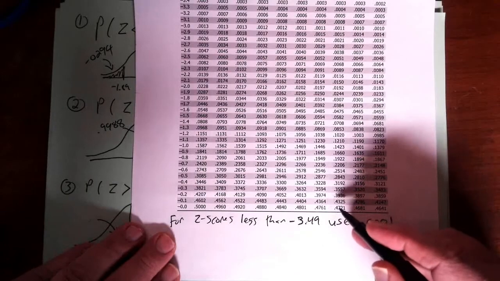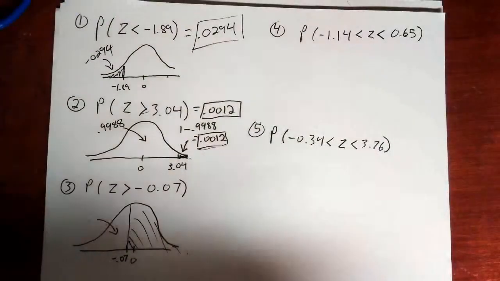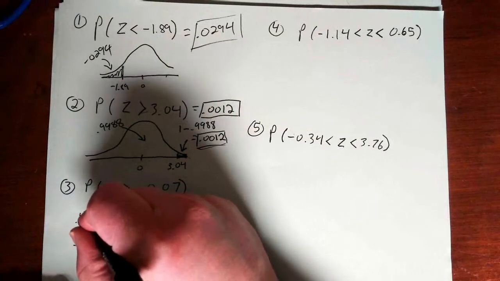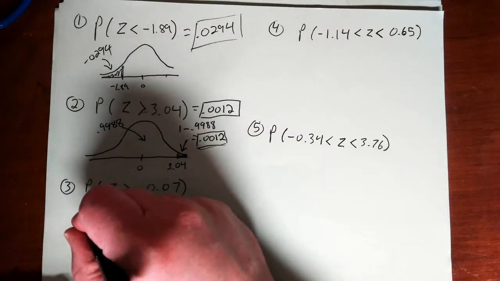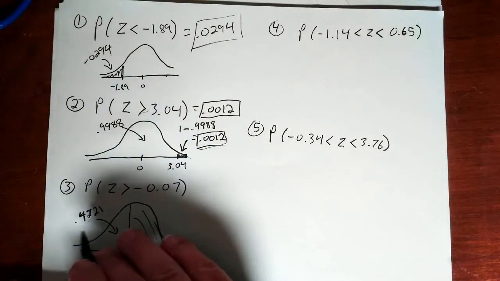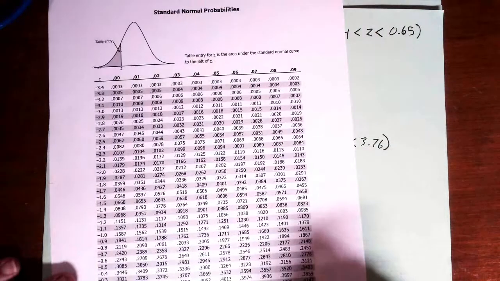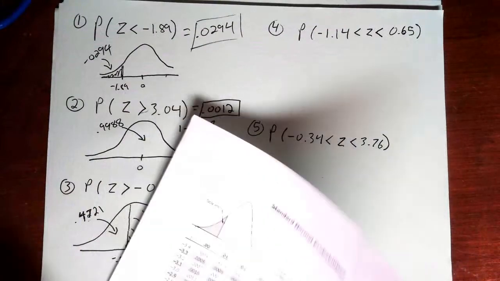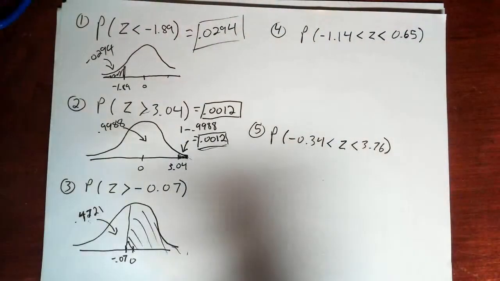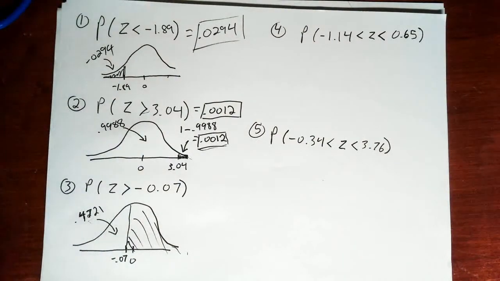And it is 0.4721, 4721. That kind of helps you. Instead of thinking of it as 0.4721, oftentimes when I see these, I'll think of them as two-digit numbers, 4721, and then for some reason that's easier for me to remember.